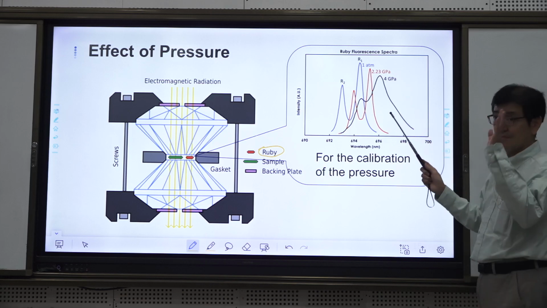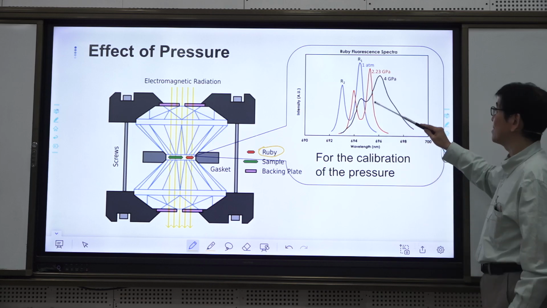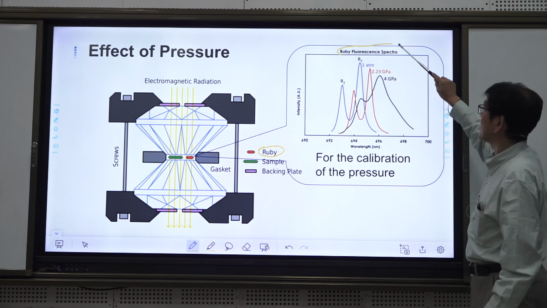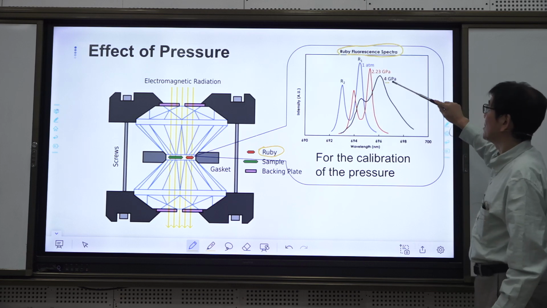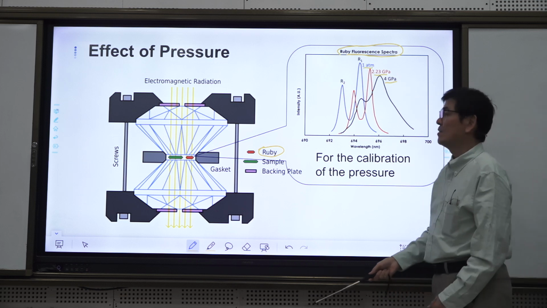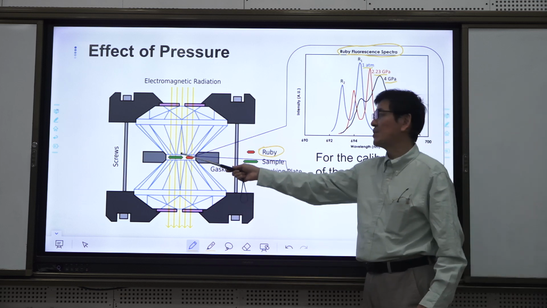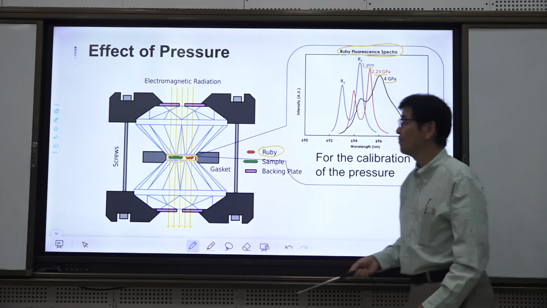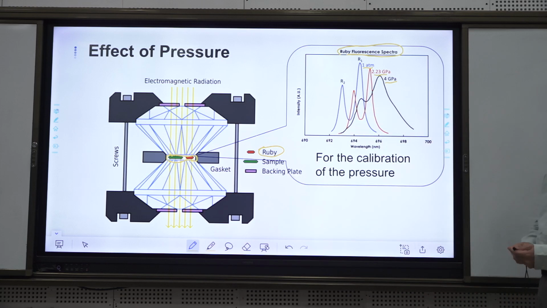So there is an established relationship between ruby fluorescence pattern and pressure. So it's possible to estimate what is the pressure in this volume right now. So pressure is on the order of gigapascal.